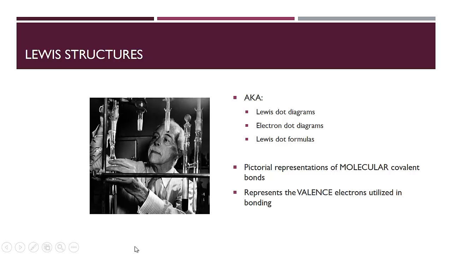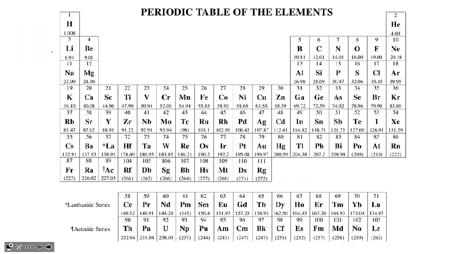Lewis structures focus on valence electrons, the electrons on the outside, which are used in bonding. Again, a good trick to determine how many valence electrons something has is to look at the column number it is in. If something is in column 13, it has 3 valence electrons. Noble gases have 8 valence electrons, except for helium, which only has 2.